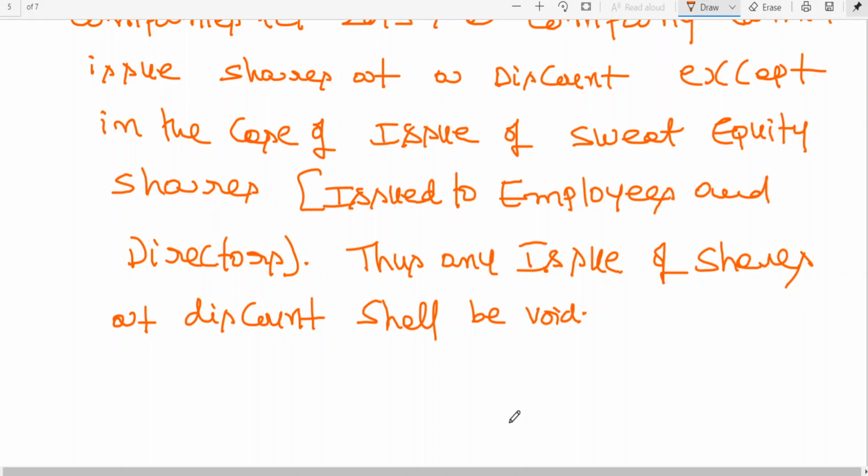Now you may ask me a question, sir, why should a company go for issue of shares at a premium? There are some evergreen companies. Evergreen companies means good performing companies, result oriented companies, having reputation, faith in investors, faith in public.